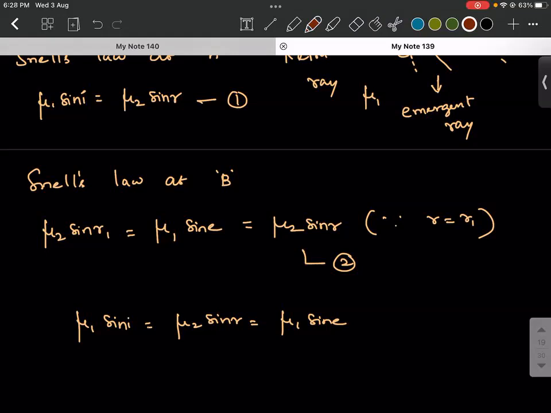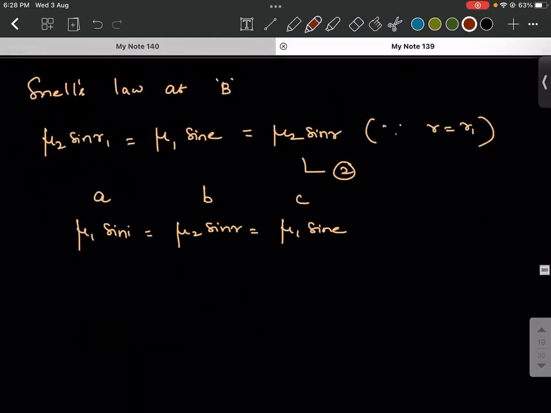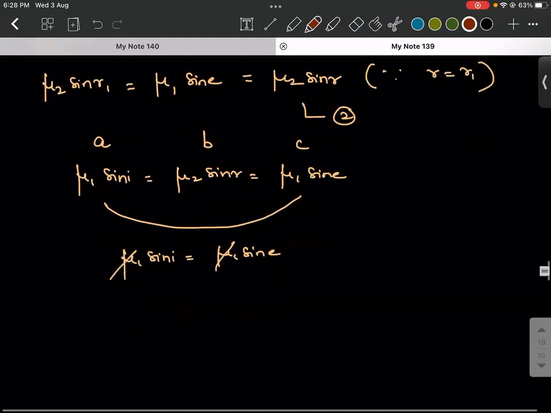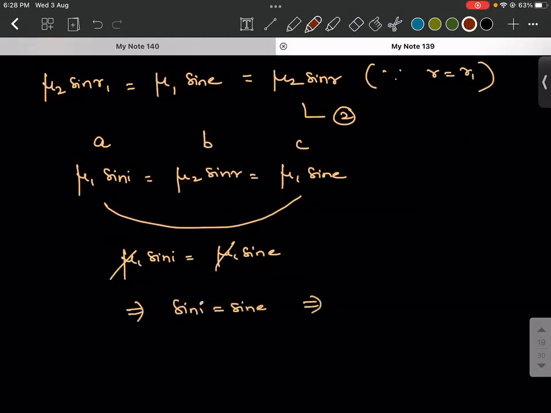Can I take it like that? Now, if I take the three media to be A, B, and C, since A is equal to C, mu1 into sin I is equal to mu1 into sin E. So mu1 and mu1 will get cancelled, which implies sin I is equal to sin E, which also implies I will be equal to E. So when I is equal to E, we can conclude that the angle of incidence is equal to the angle of emergence.